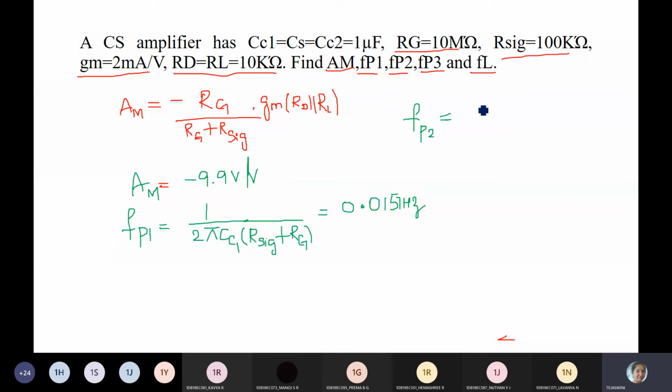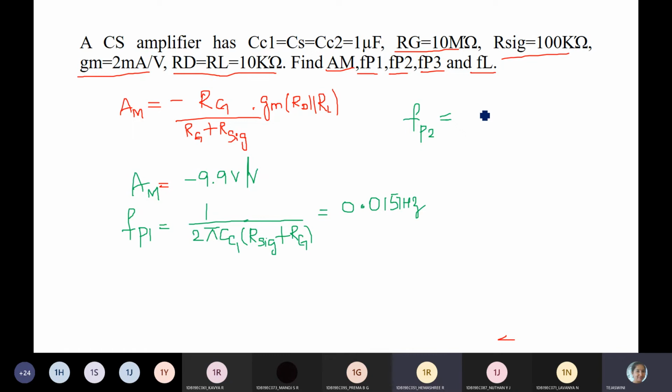Yes. Namrata? Hemashri? Yes, ma'am. Can you tell me the formula? Did you solve FP1? Yes, ma'am. You got the same answer?